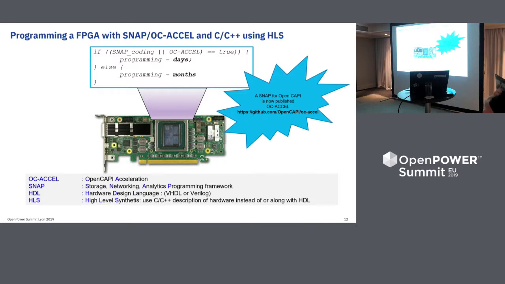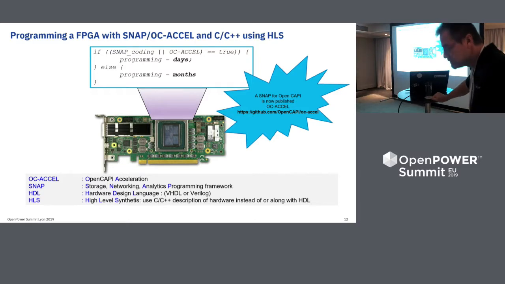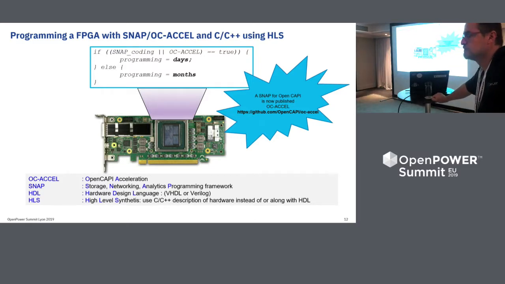You can use any other HLS provided by Cadence or any other guys. They are just, quote unquote, translating C to VHDL, and that's all they are doing. Okay, it's a translation, but with a parallelization and an analysis of the code, so it's not just a translation.